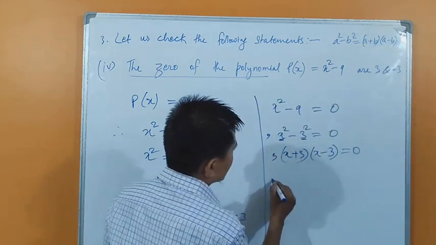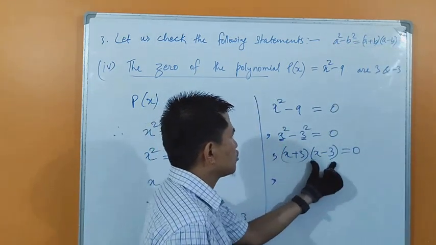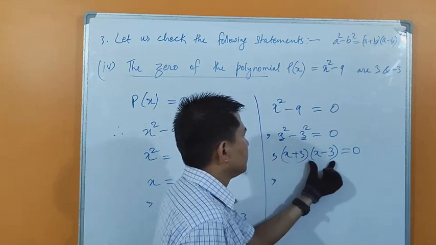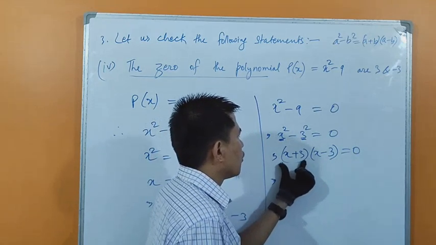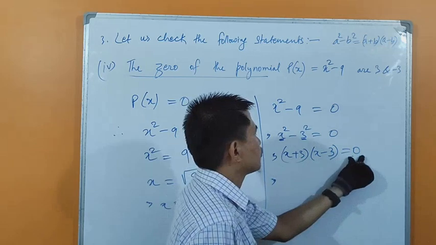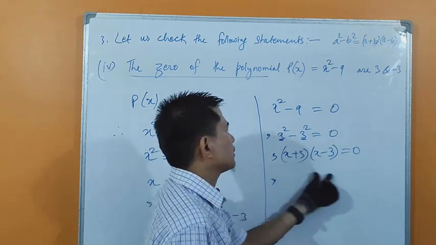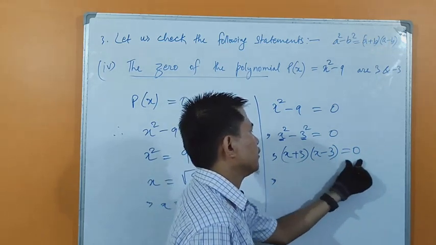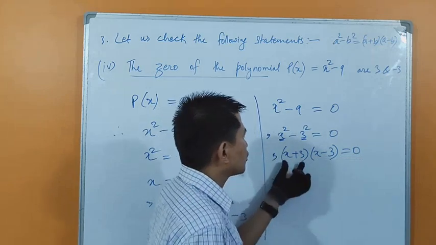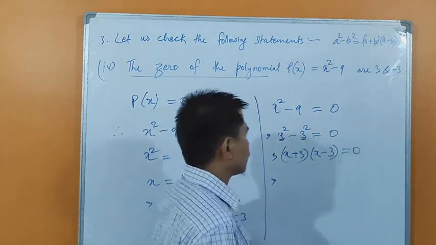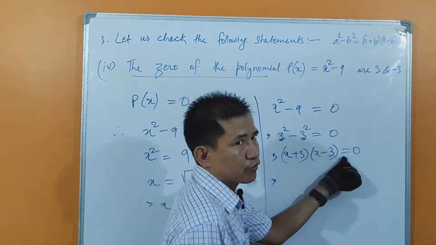Got it? So when the product of these two numbers, x plus 3 multiplied by x minus 3, equals 0, either this should be equal to 0 or this should be equal to 0. One number should be equal to 0. Therefore, the equation will be valid.